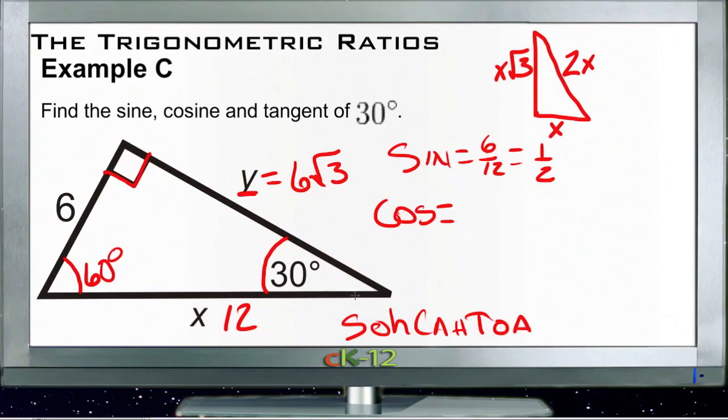The cosine would be adjacent over hypotenuse, so 6 roots of 3 over 12. 6 square roots of 3 over 12, and that reduces, 6 goes into 12, so we have root 3 over 2.